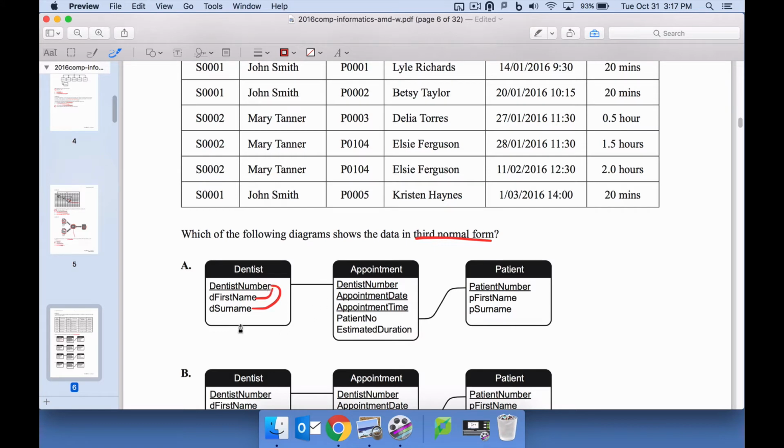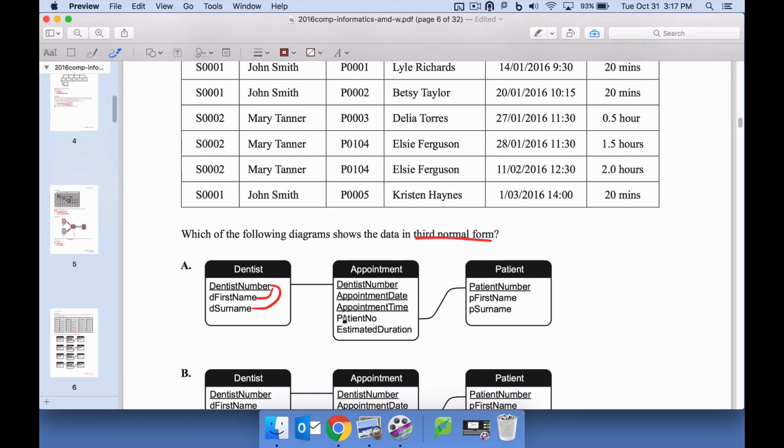There's no other fields in here that are not relevant or not directly related to the dentist number. Here we have a few fields that have been concatenated to make a primary key for this appointments table.